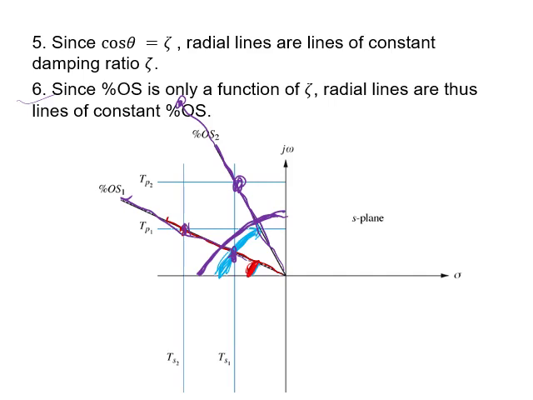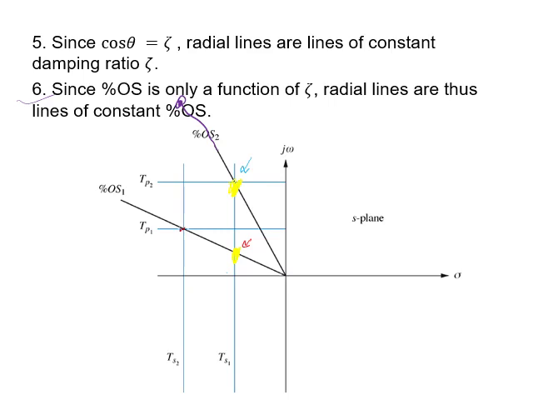I will take this pole, this point here, and this point. If we consider these two, you are going to find with this one, zeta is smaller, so the percentage of overshoot will be smaller. If I go to the other one here, zeta will be bigger and the percentage of overshoot will be bigger.